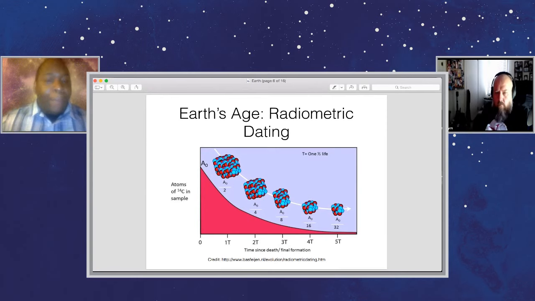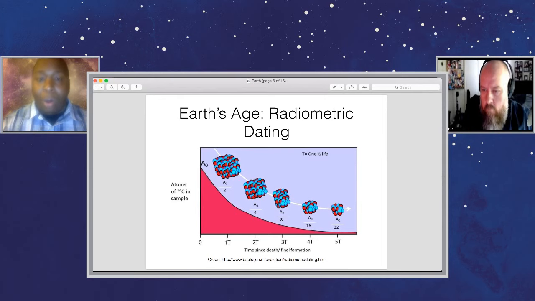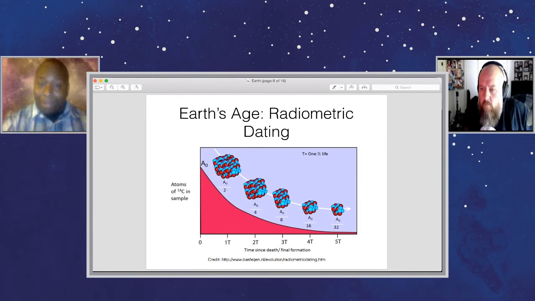Well, if you're able to determine a relationship for this type of decay, which we have been able to, and this plot is a good representation of the decay of a particular radioactive isotope, we can gain information as to how old that piece of material was that underwent this decay.